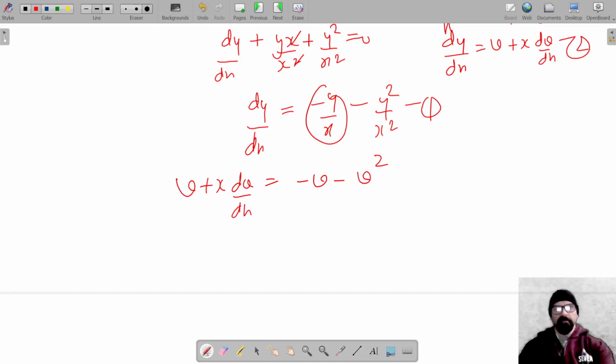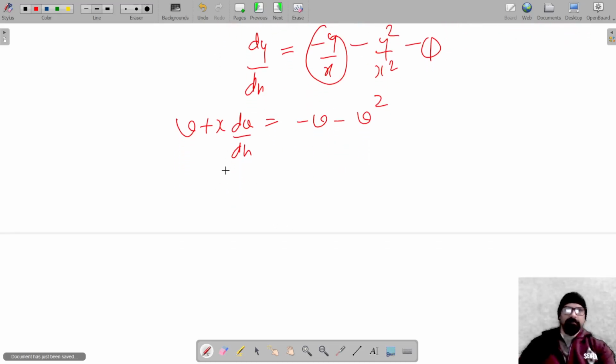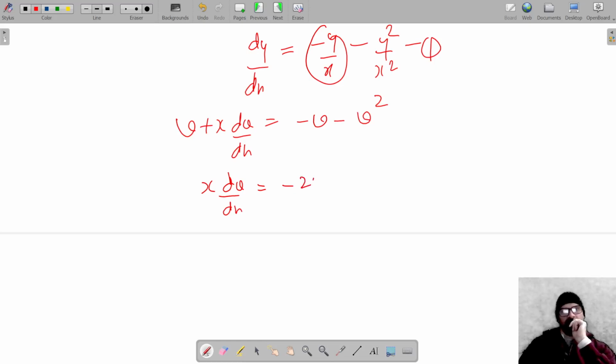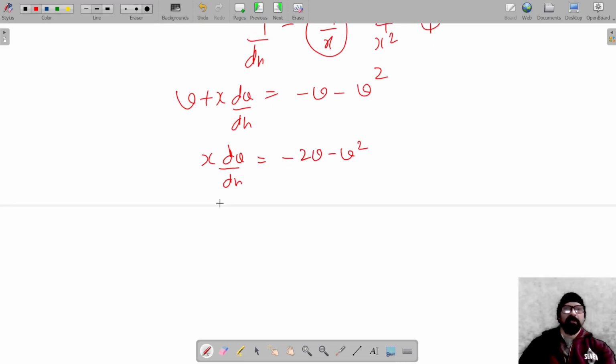So we can separate the variables and integrate. So x into dv by dx is equal to negative 2v minus v², and this is dx by x, and this can be written as dv upon negative 2v minus v².